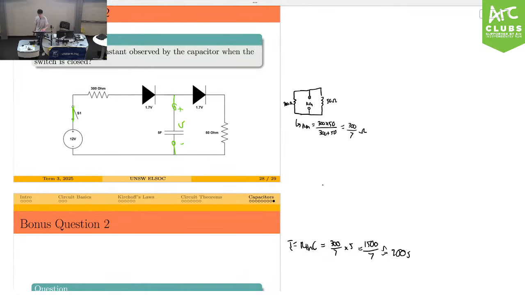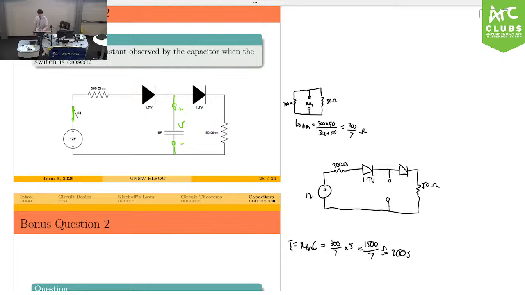It becomes this plus minus, this is 12. This is 300 ohms. This is the diode. This is what you're trying to measure across. And this is 50.